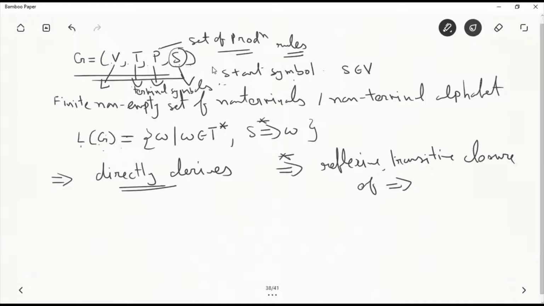Okay, so suppose you have one production, U is rewritten as V. And if you have a string of the form alpha U beta, and you apply this production rule over this string, then it can be changed to alpha V beta. Fine.